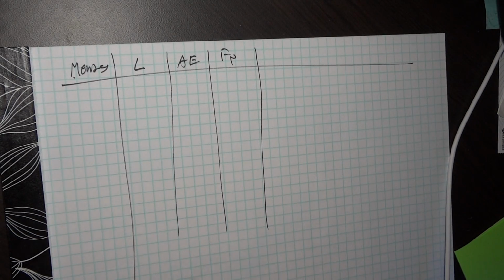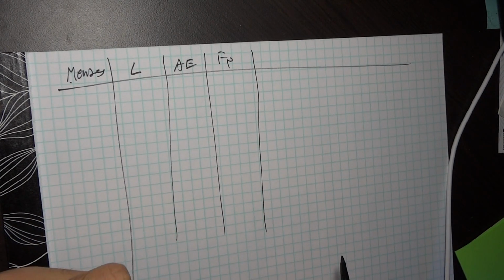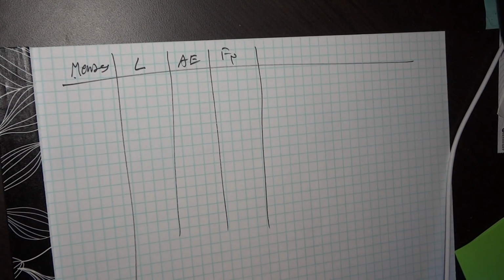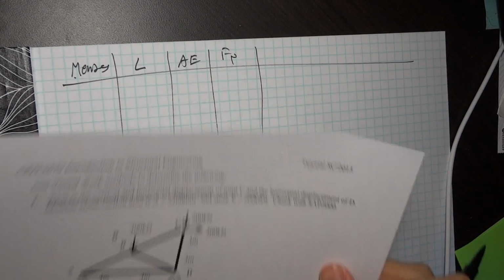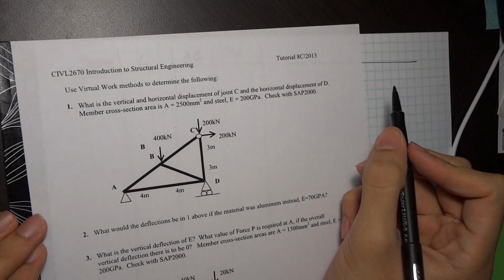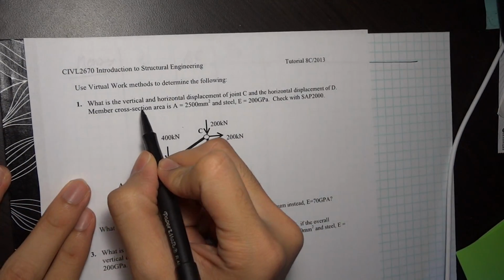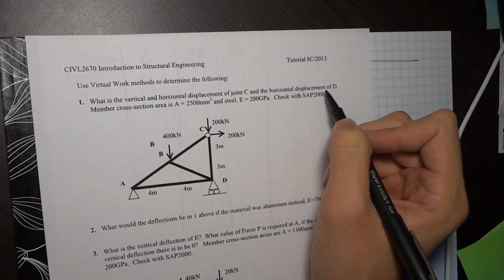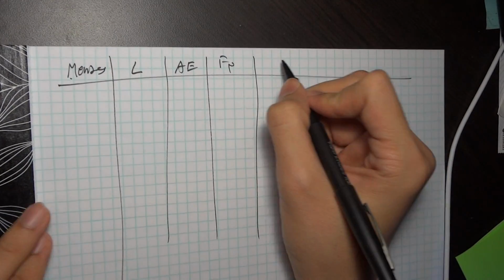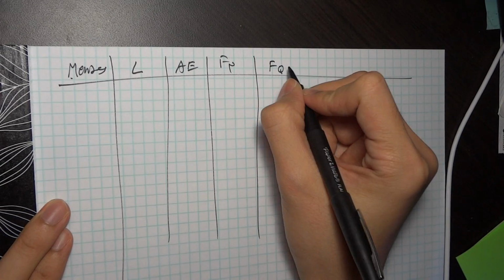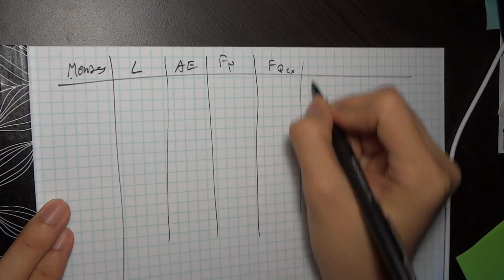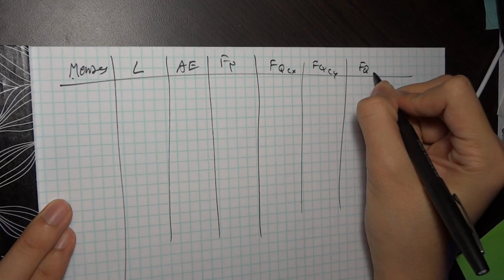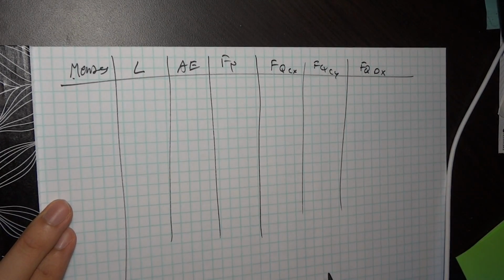We need one Q system for every direction and deflection that we're interested in. We're interested in the deflection at 2 points and in 3 directions total. Horizontal and vertical at C, so that's 2 deflections, and horizontal displacement at D, so that's 3 deflections. So I will need 3 FQ columns. I'll call these FQCX, FQCY, FQDX.